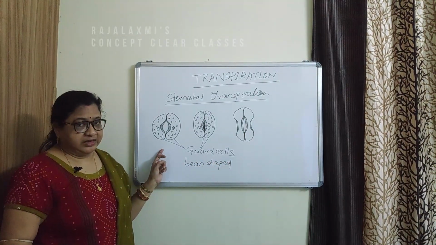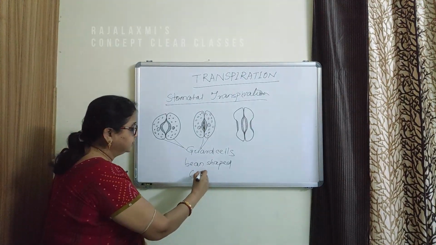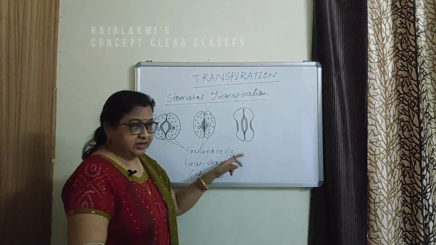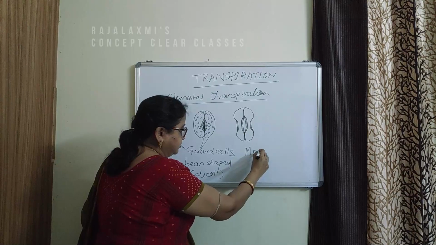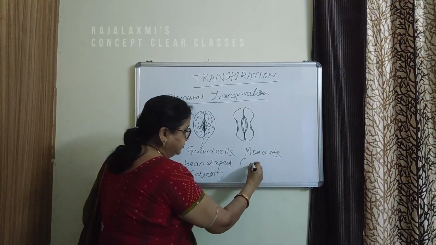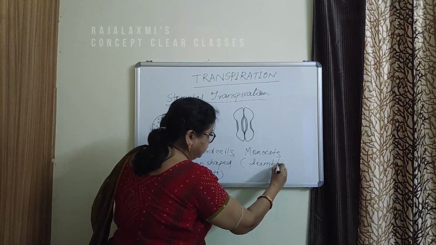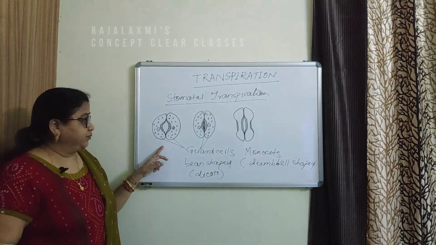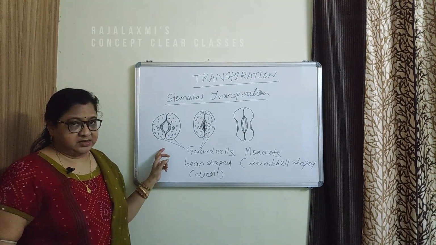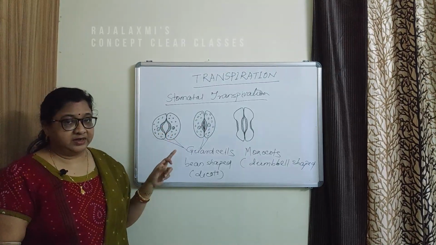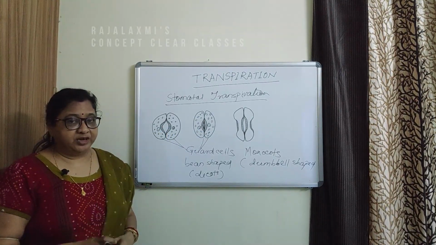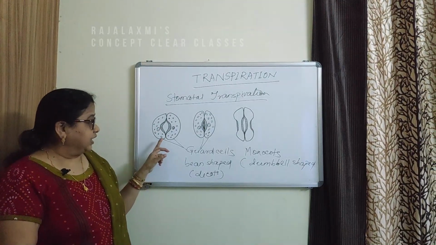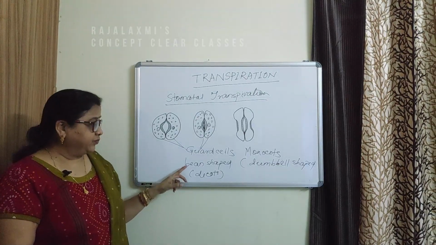It is bean-shaped in dicots and dumbbell-shaped in monocots. So these two guard cells are present among the epidermal cells. Many pores or stomata are distributed among the epidermal cells. These openings are guarded by two guard cells, and these guard cells are bean-shaped or kidney-shaped.